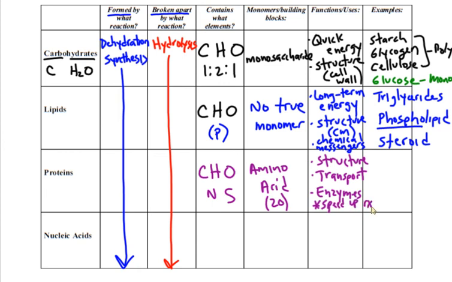I'm just going to put RXN for reactions. Our examples, obviously, your enzymes again. And you'll also hear the term polypeptides.